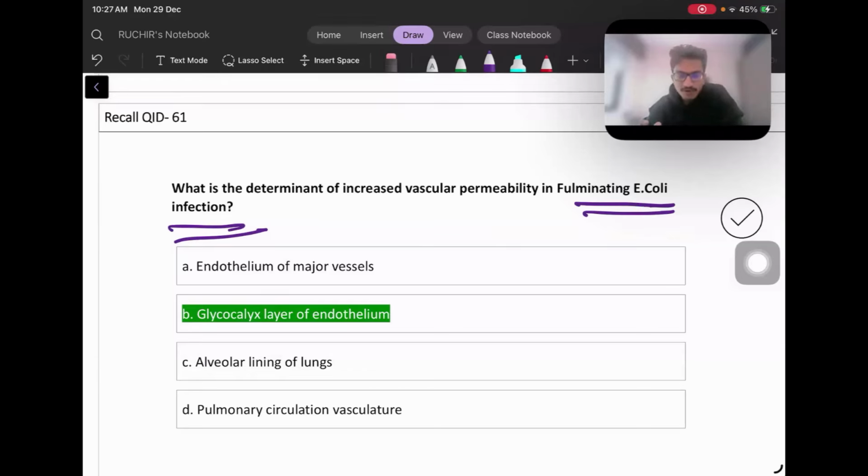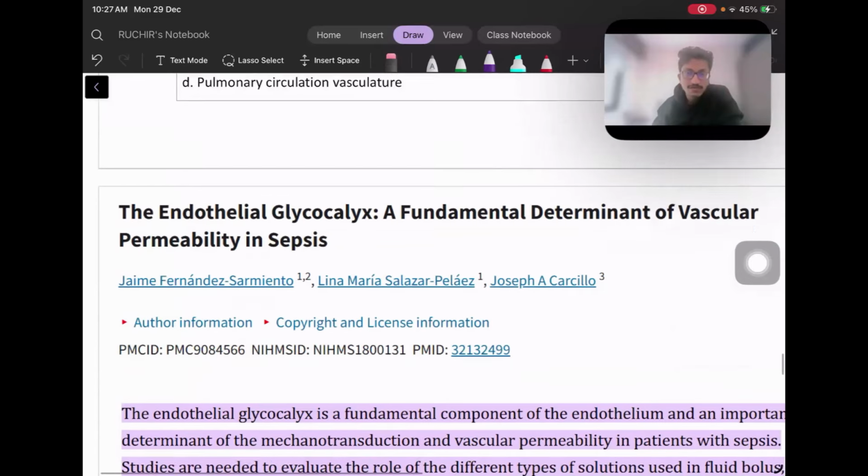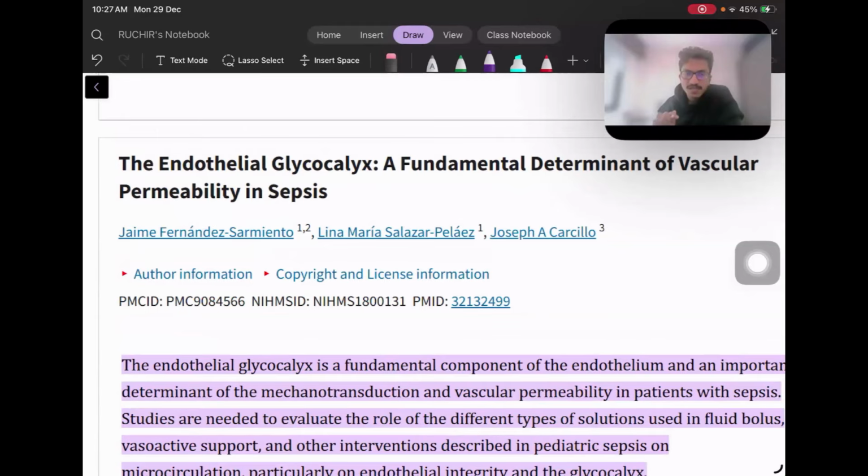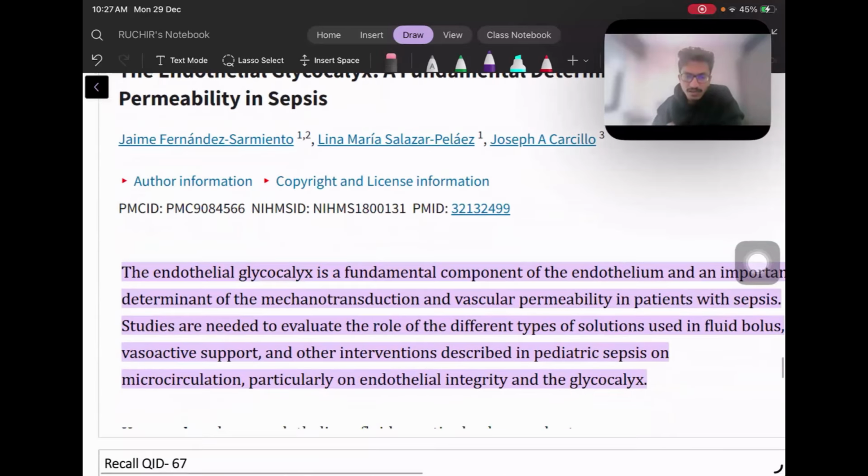Now moving on to the next question: increased vascular permeability in fulminating E. coli infection. What is the determinant for this? I tried to find references in all three books and could not find a pinpoint reference for this. So I have gone through articles, and the best answer here is the glycocalyx layer of endothelium. This is from the article I searched: the endothelial glycocalyx is a fundamental component of the endothelium and an important determinant of mechanotransduction and vascular permeability in patients with sepsis.